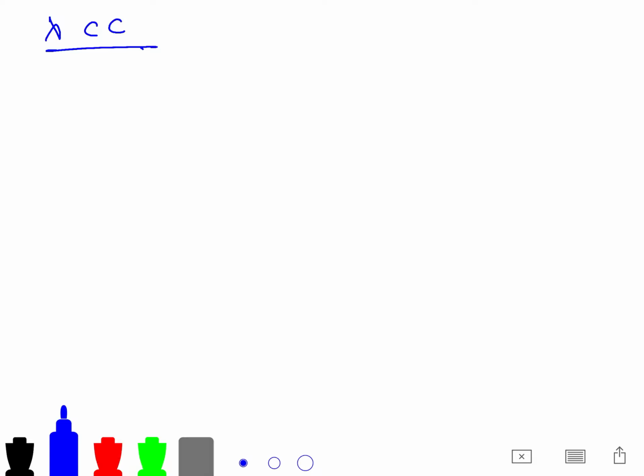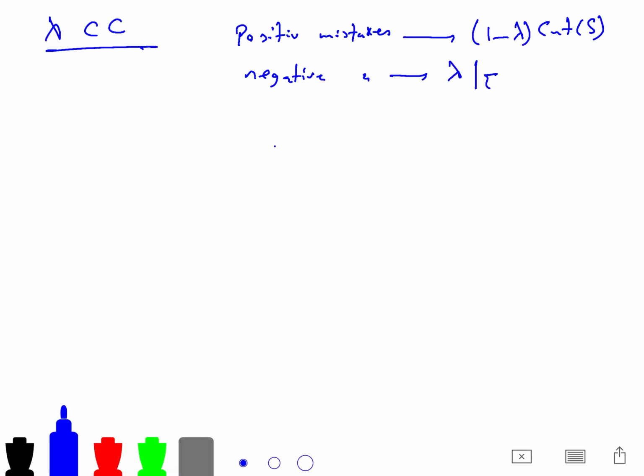As you know, in Lambda correlation clustering, for positive mistakes, it is not balanced, it is unbalanced. For example, we say we care about positive more than negative: 1 minus lambda times cut of S. And for negative mistakes, we say it is lambda times (E minus (1 minus lambda) S S bar minus cut of S).